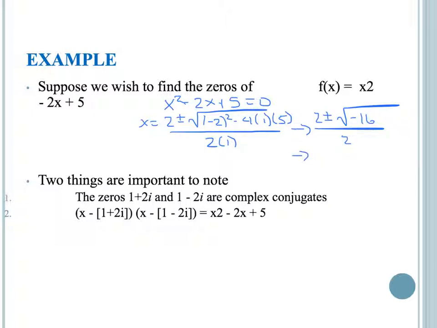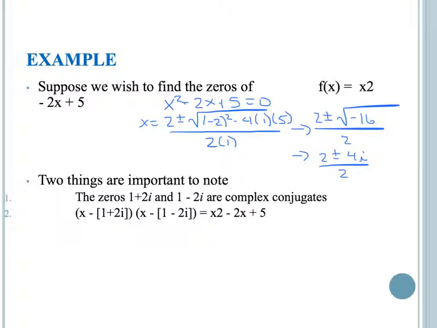The square root of negative 16, excuse me, would be 4i, and that would be part of the reason why we had trouble factoring it. It's because our roots are imaginary.